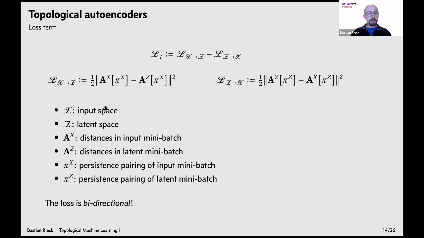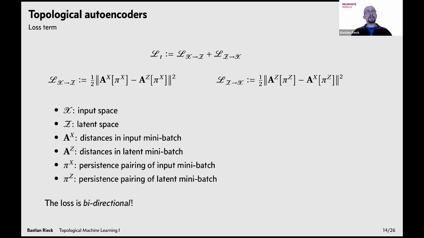Now, what does this mean? This means that we can set up a loss term based on persistence diagrams, or rather persistence pairings in this case. This is a lot to take in, and so I'm just gonna discuss the overall shape of things, as it were. So our main loss term consists of two components. One loss term going from X to Z, so from the input space to the latent space. The other from Z to X, from the latent space back to the input space.